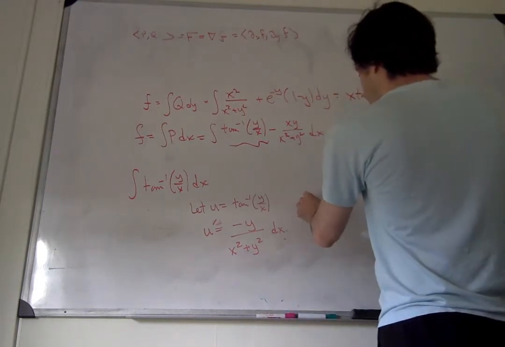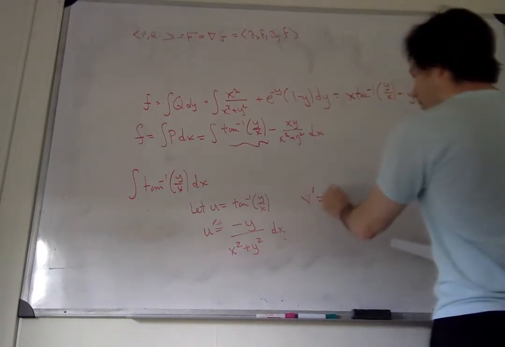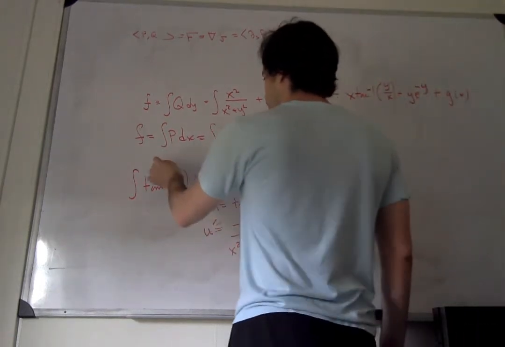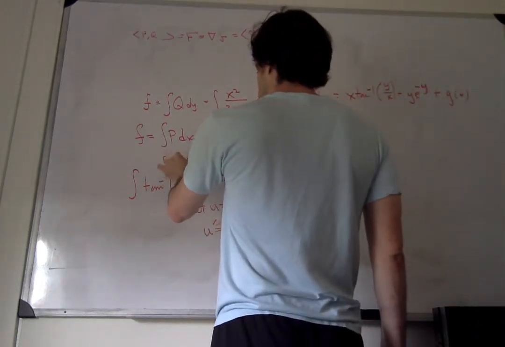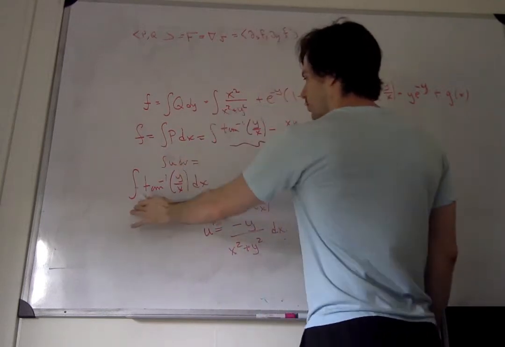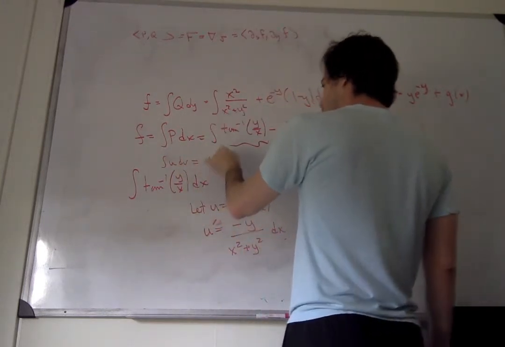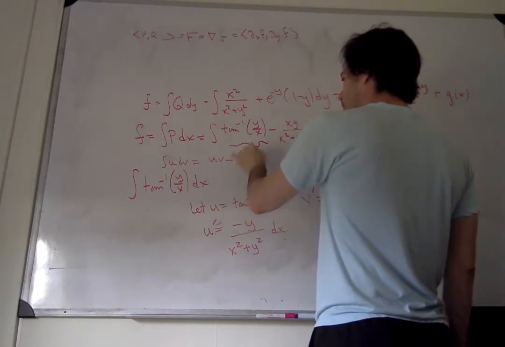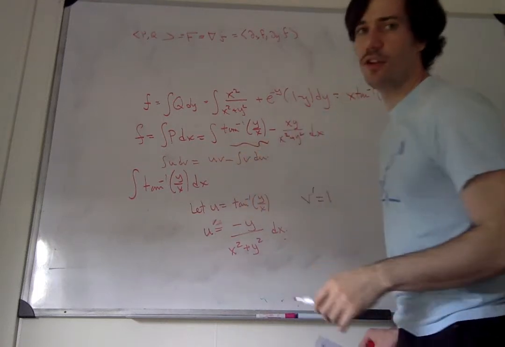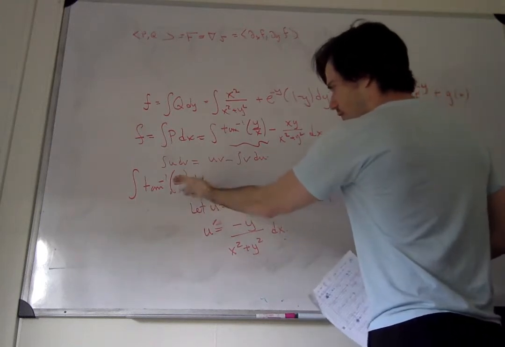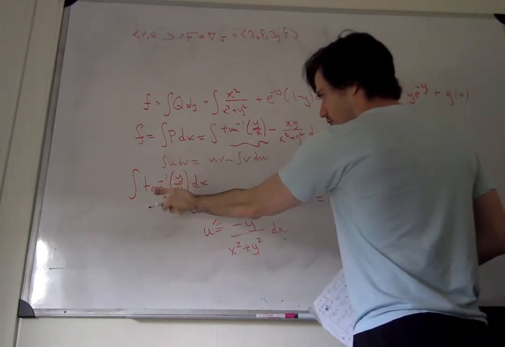Okay, so the other thing I want to say is that v prime equals 1. So what am I doing? I'm doing integration by parts, right? So this is the integral of u dv, right? This right here. And then I'm going to say this is u v minus the integral of v du. And there's a 1 here, because this is u, right?